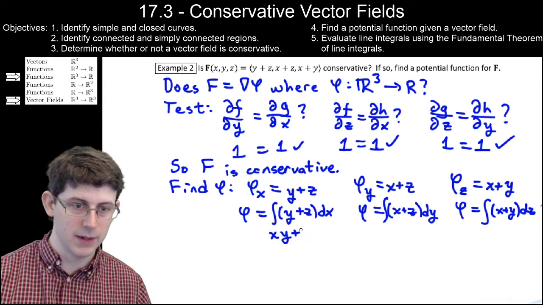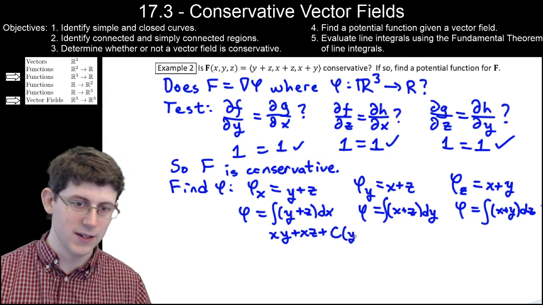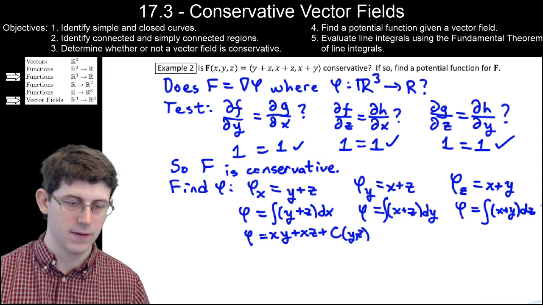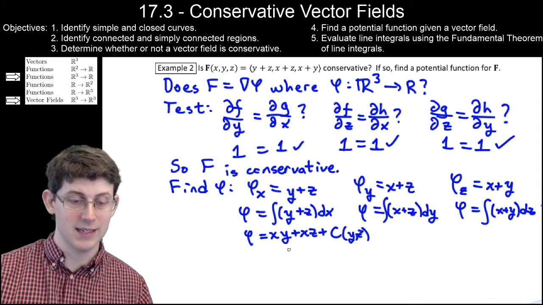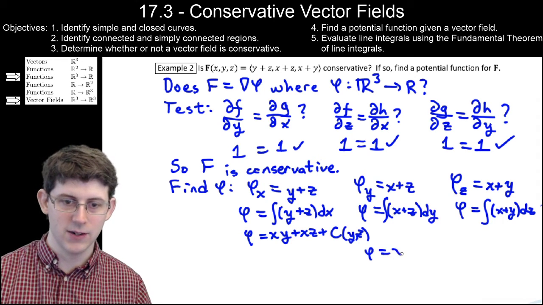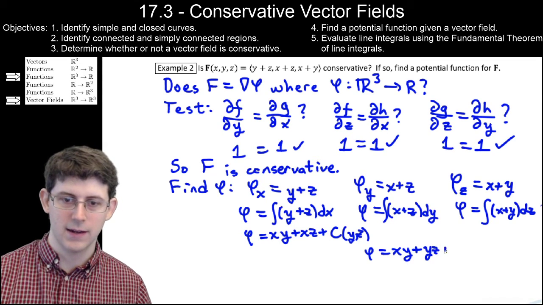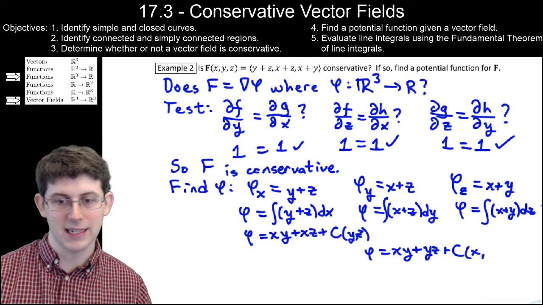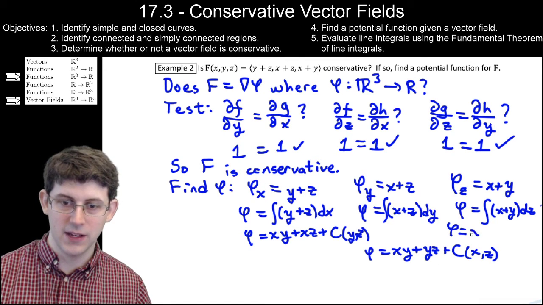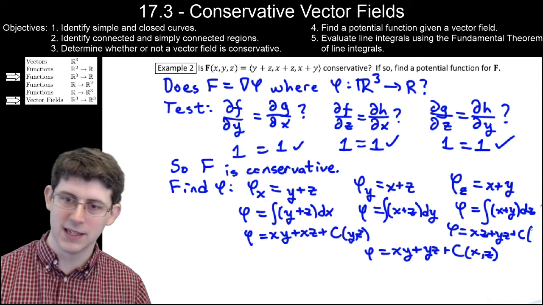I get xy plus xz. And then there's a constant, and the constant could have y's or z's in it. So any term with x has to be xy and xz. In the second slot, when I do this integral, I say, oh, well, I need an xy and I need a yz. And then there might be some stuff that doesn't have any y's in it. And then in the third slot, I have that phi is xz plus yz, plus maybe some stuff that doesn't have z's.